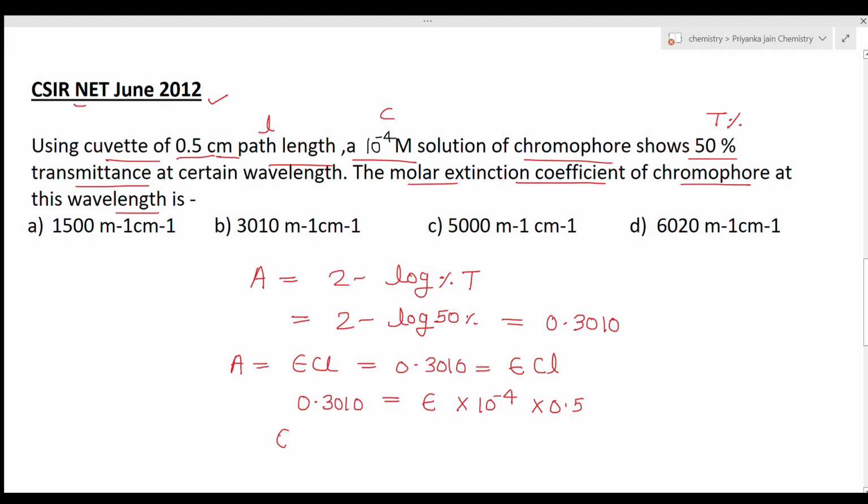So our value of epsilon comes 0.3010 divided by 10 to power minus 4 into 0.5. So this comes around 6020 per mole per centimeter. Okay, so this will be your value. Now you can match option number D, 6020 per mole per centimeter. This is your answer. Let's see the next question.